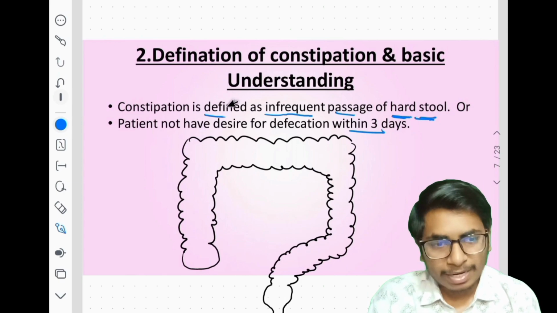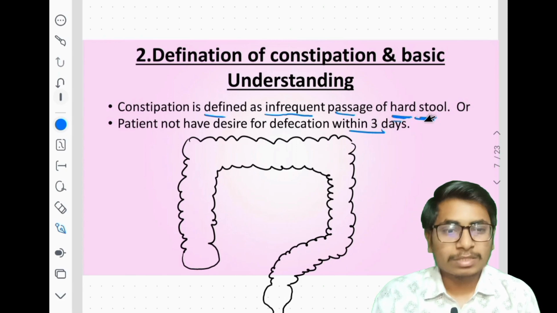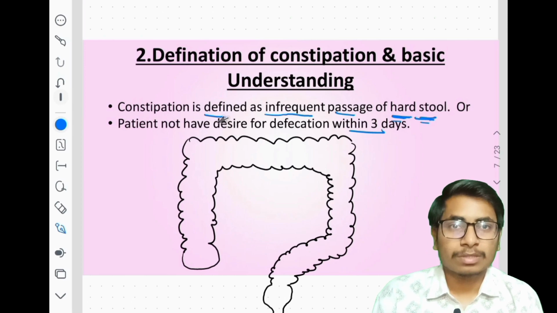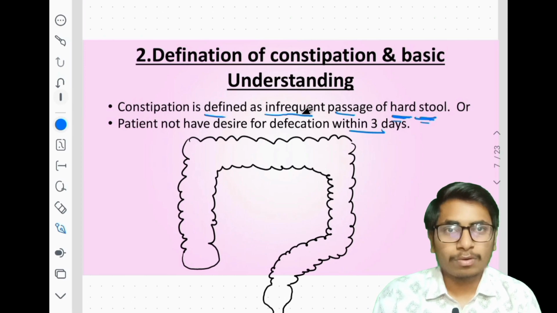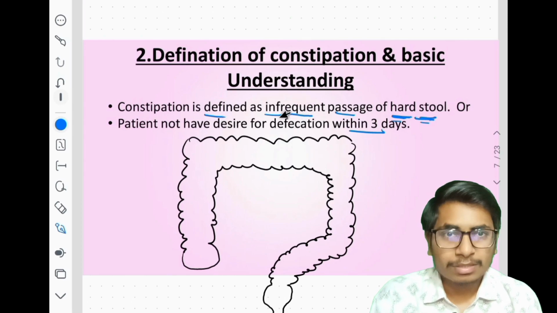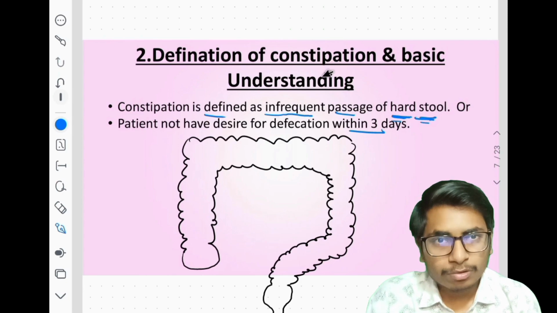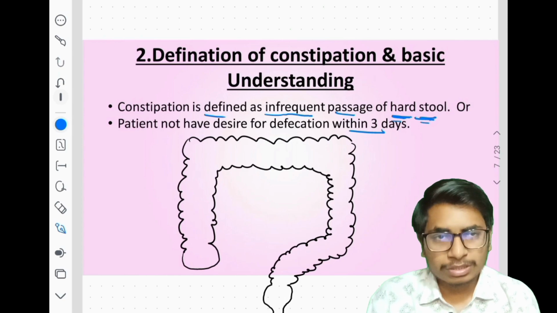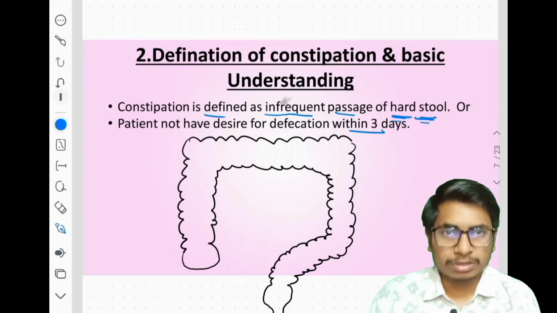So the question arises, why is that hard stool formed? It is formed due to two reasons. If the person does not take enough water or fiber in their diet, that leads to less water and fiber in the intestinal luminal content, and that produces constipation.